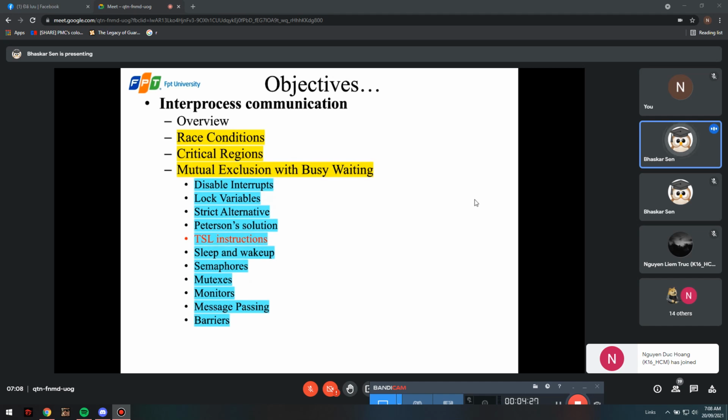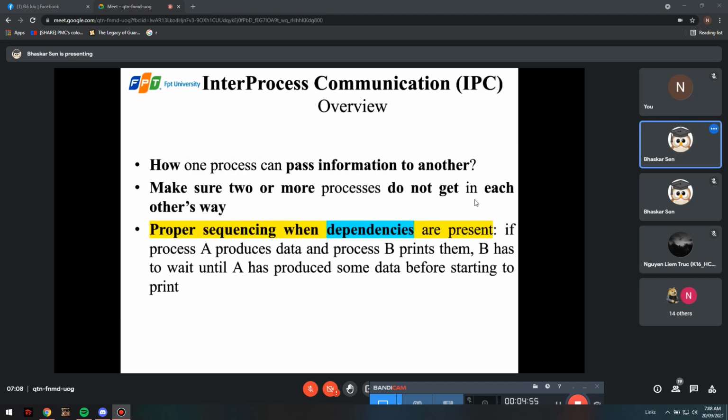A shared resource. Number two, there must be a dependency between two programs that are sharing the data or trying to share the data. Do you get the point? So there are two conditions that must be satisfied for a race condition to happen. Clear? So let's move in and see what we are having.